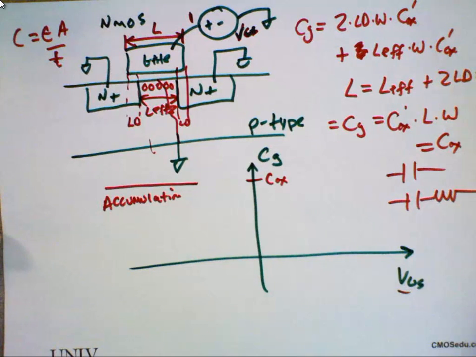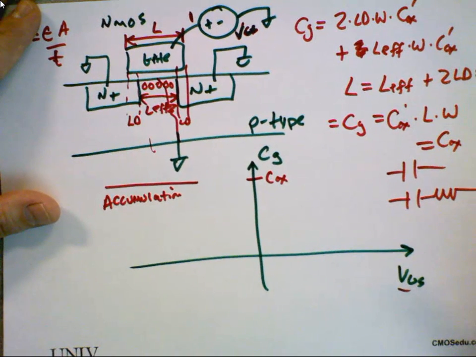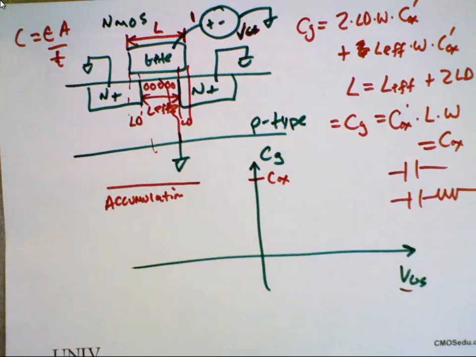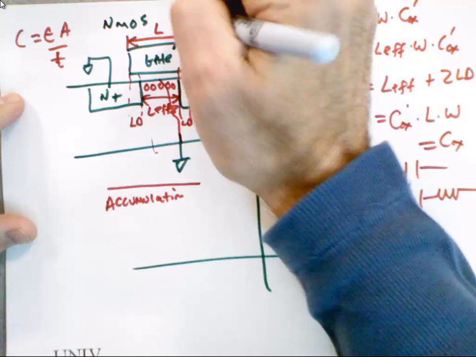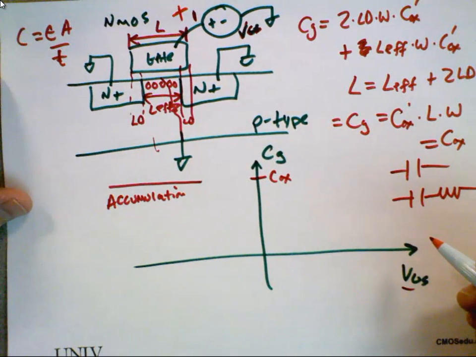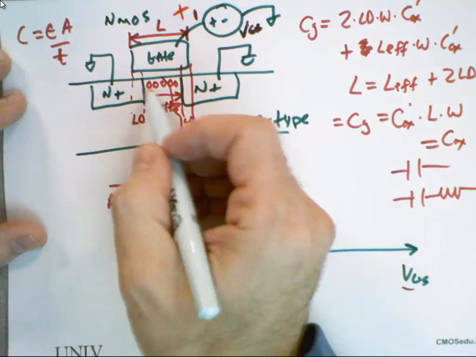Now let's do the other one, the one I was going to do first, which is we apply a large positive potential. Let's use orange. Large positive potential here. Looking good? When we do that, what do we attract underneath the gate?